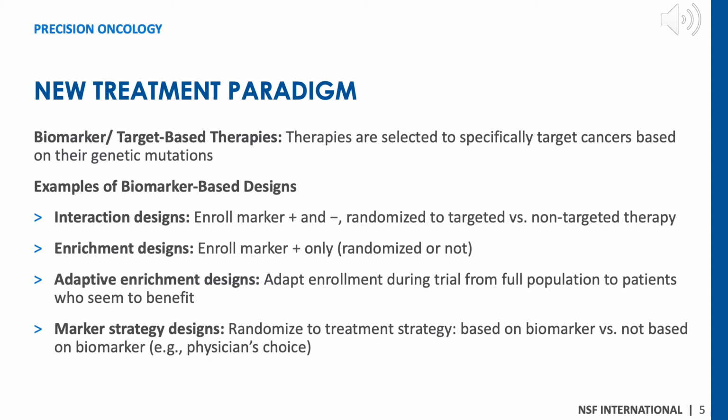This has fueled the efforts toward precision oncology, in which therapies are selected to specifically target cancer on the basis of their genetic mutations. The examples of biomarker-based study designs include interaction design, enrichment and adaptive enrichment design, and marker strategy design.